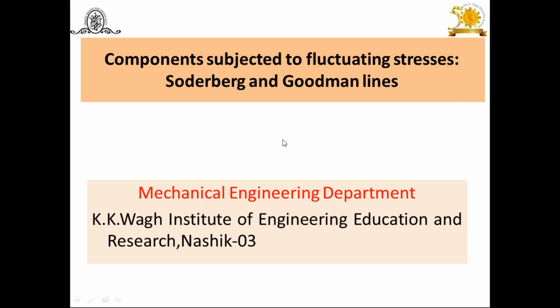That means the varying load case is what we are going to study during today's session. So try to understand that this is case number two. The first one is reverse stresses, the second is fluctuating stresses, and how to tackle the problems associated with them.